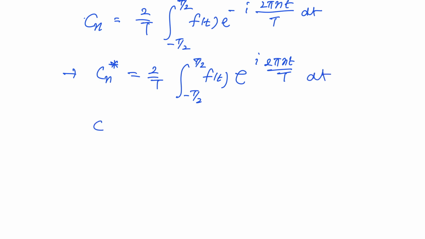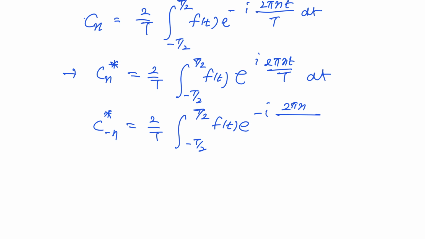On the other hand, the C complex conjugate minus n is 2 over T, f(t) exponential minus i, right? Because we are going to put minus n here, over T dt. And it turns out to be the same as what? Cn, right?